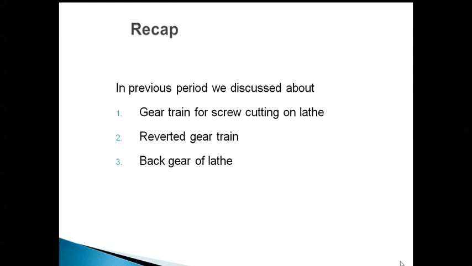If the back gear is disengaged, the power is transmitted directly from the cone pulley to the driven gear D. The back gear is engaged to get reduced speeds. In that case we use the back gear of the lathe.